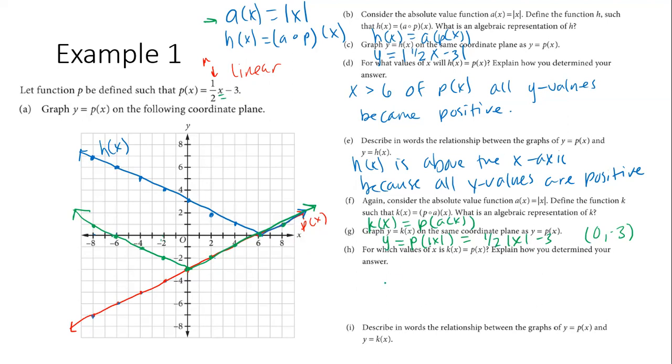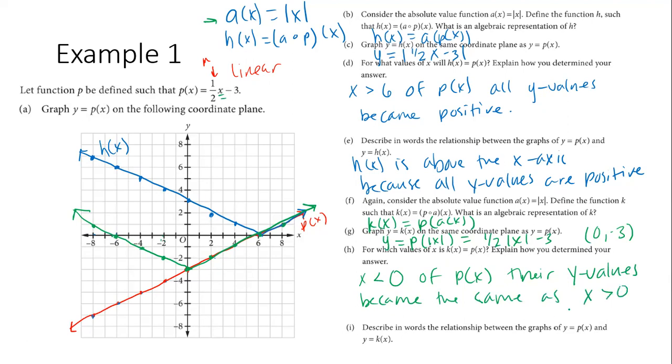All right. So what's happening is that for P of x, we look at all the x values that are less than 0 of P of x, their y values become the same as all x values greater than 0.